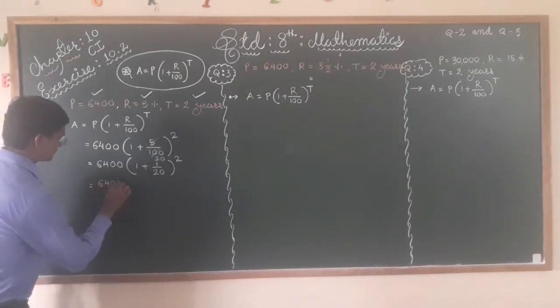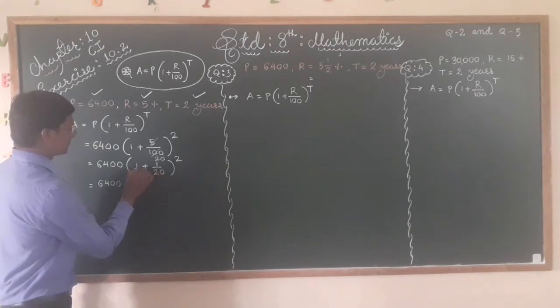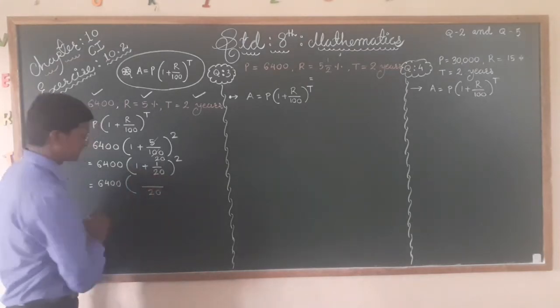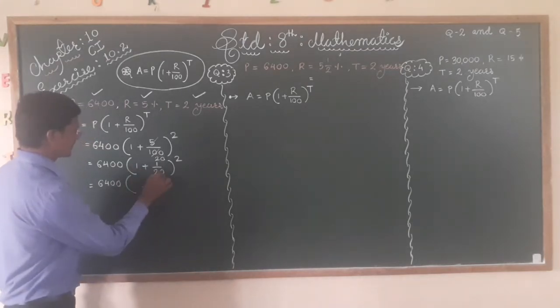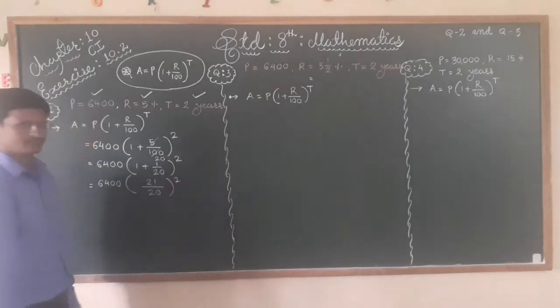Now here we will take the LCM 20. So 20 plus 1, 21 upon 20, whole square.